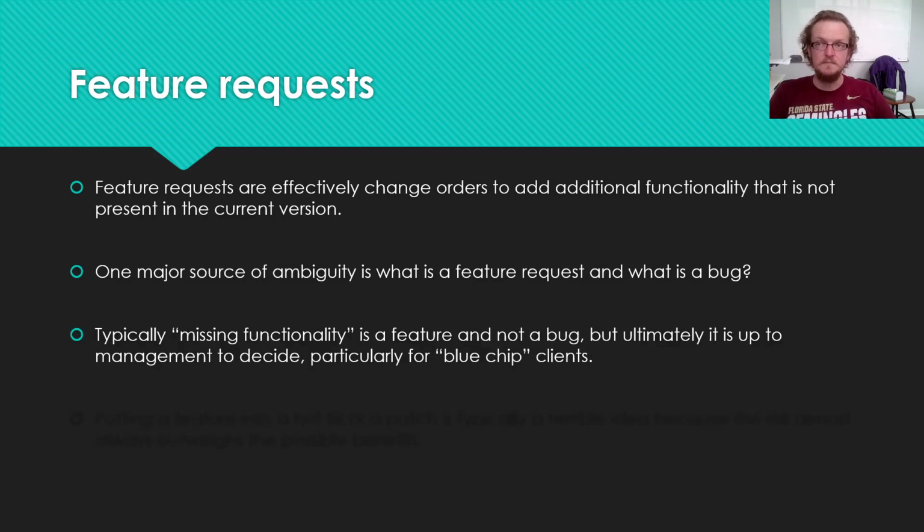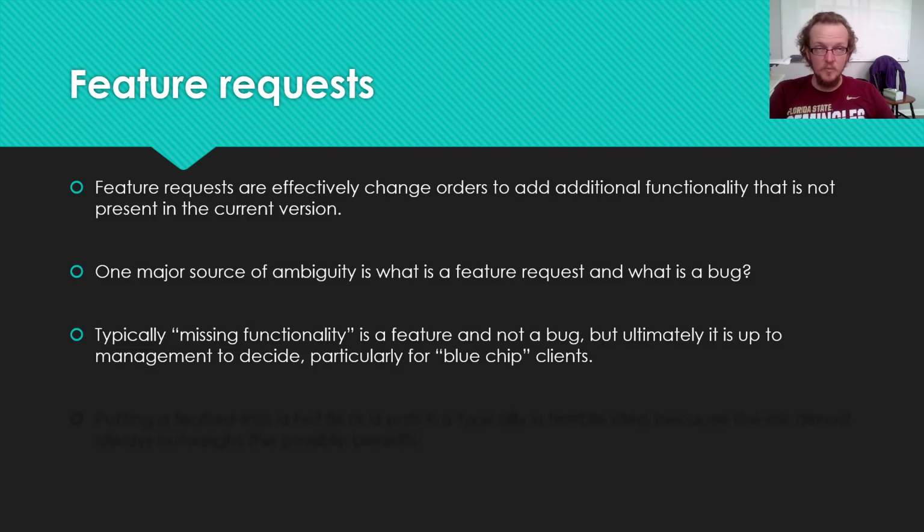And so the textbook definition of this is really missing functionality. So if it's missing functionality that was not originally scoped, so if there is not an existing requirement that this functionality be present, and they're adding a requirement, so instead of going back to implementation, this iteration is going back to requirements gathering, that is a feature request.